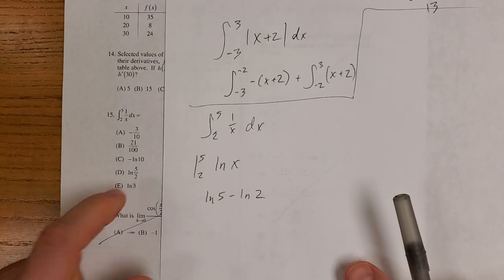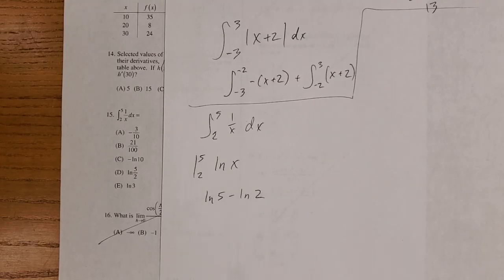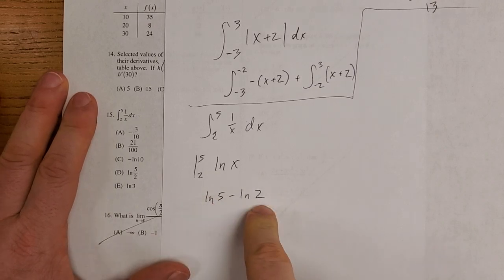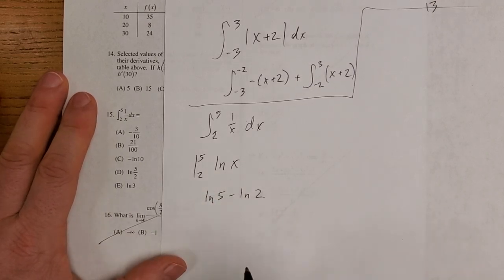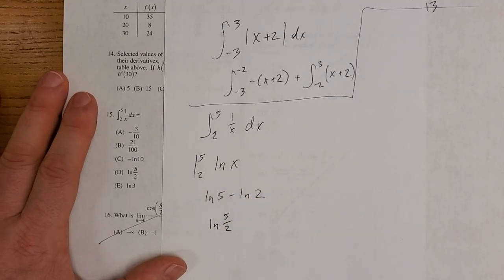What this actually is, you just have to remember this about logs from a previous math class, or if you don't, I'm telling you right now, because you are subtracting, that becomes a division. So it is the natural log of 5 over 2.